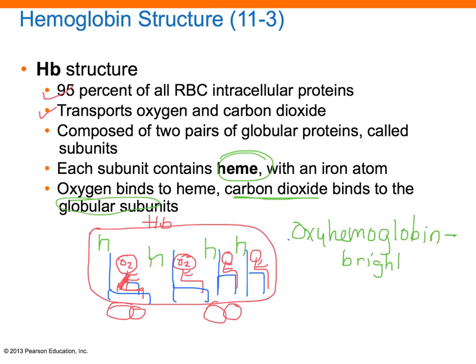So oxygenated blood is bright red. But then when the oxygen is released, then that would result in something called deoxyhemoglobin. And deoxyhemoglobin would be a much darker color. Almost gives it sort of a bluish tinge.